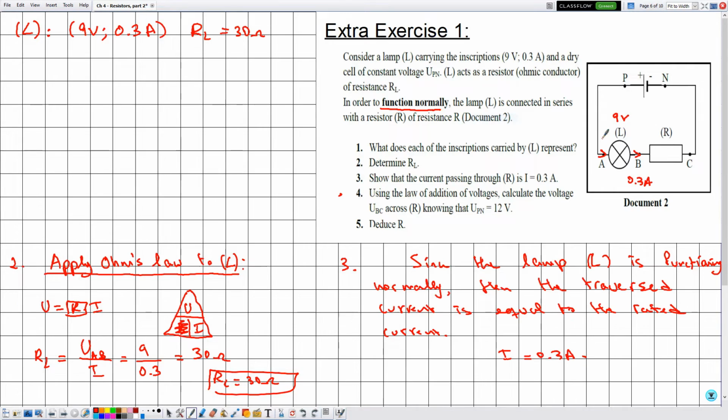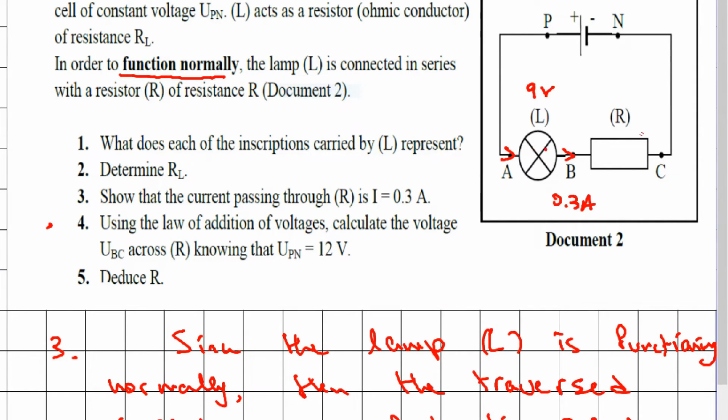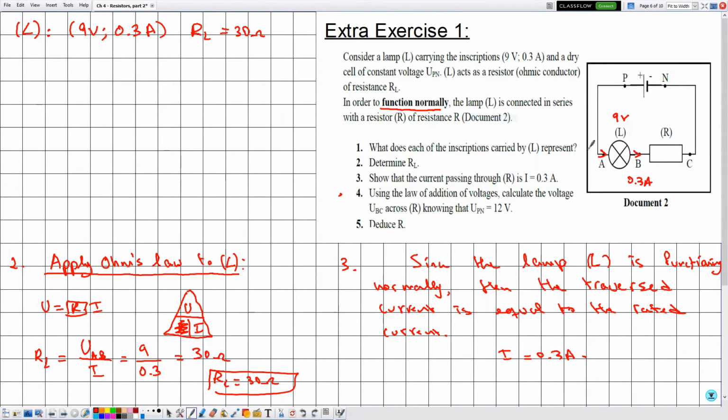Now we know that the current traversing the lamp is given by 0.3 amperes, but they are asking me about the current that is passing through R. So we need to say that L and R are in series.